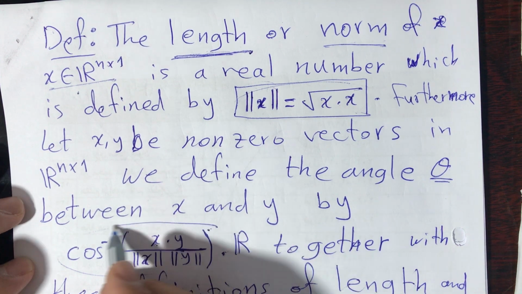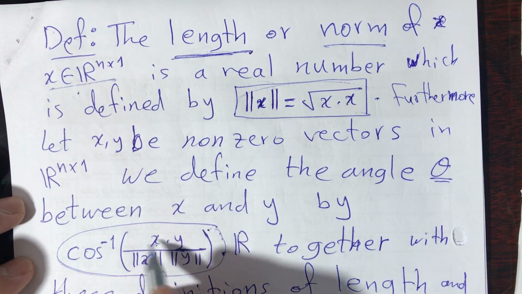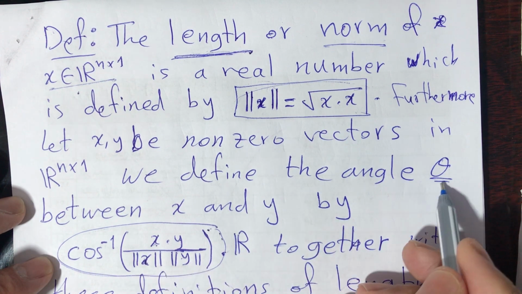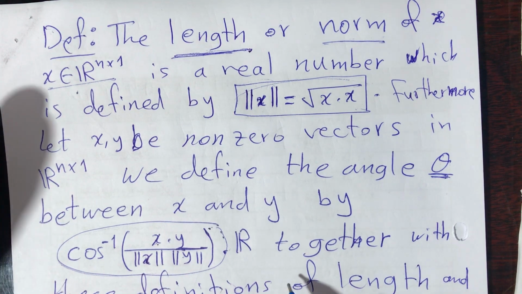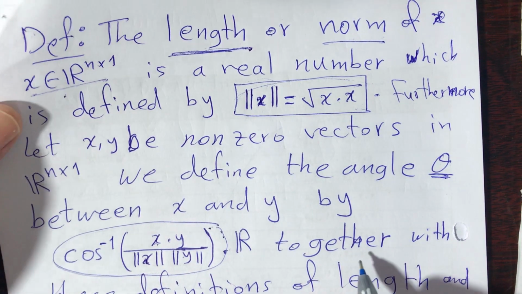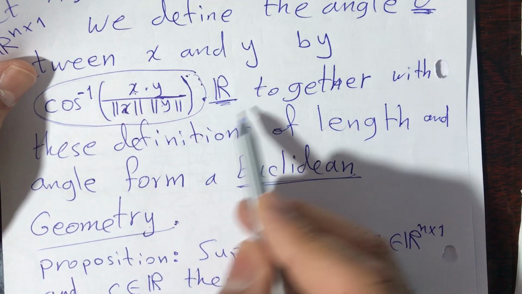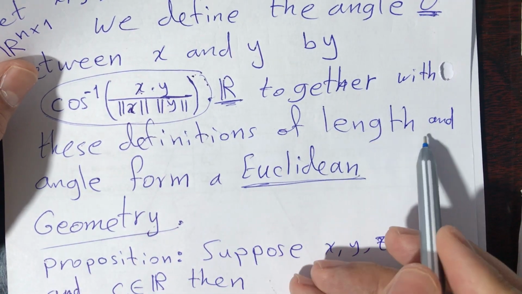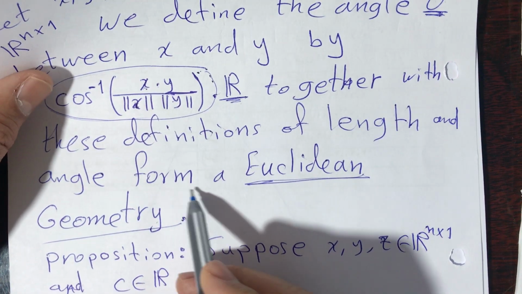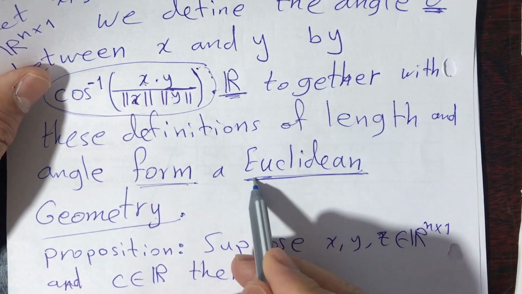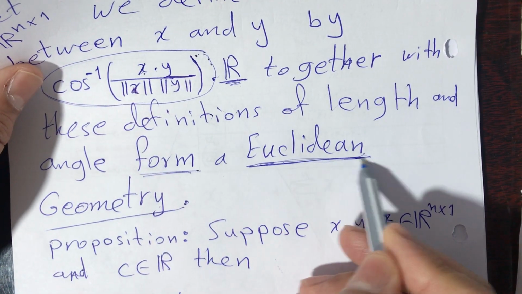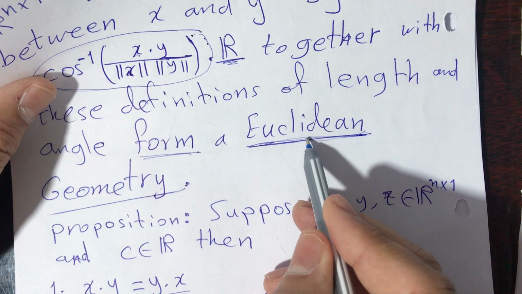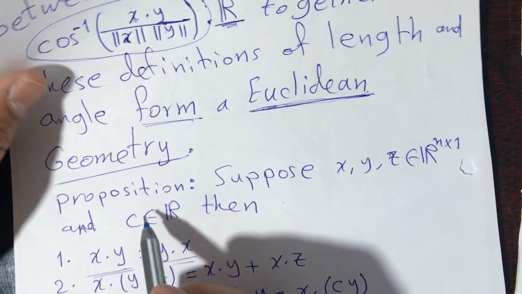Rn together with these definitions of length and angle forms a Euclidean geometry.